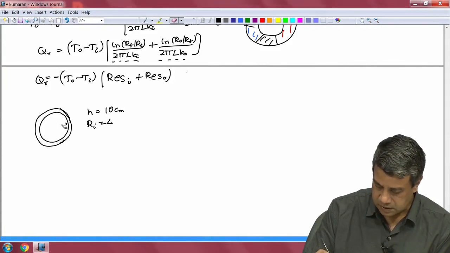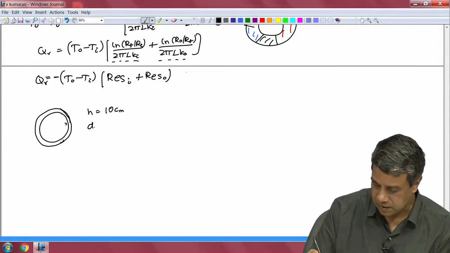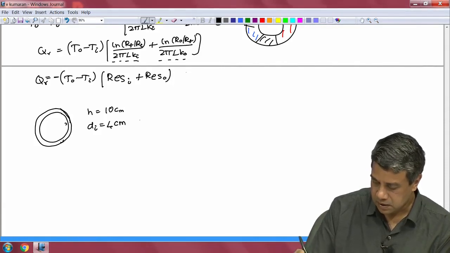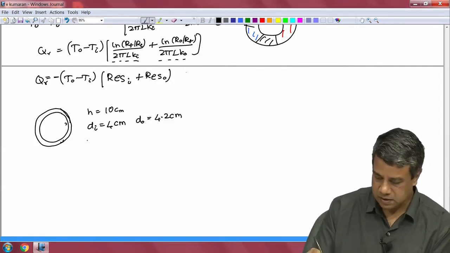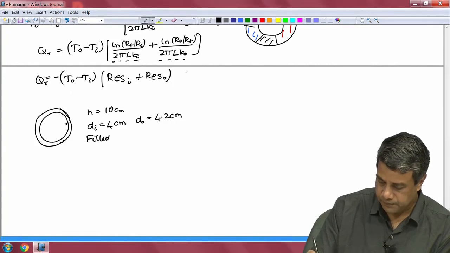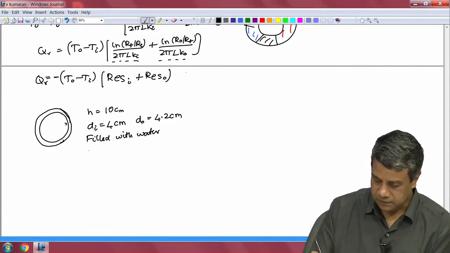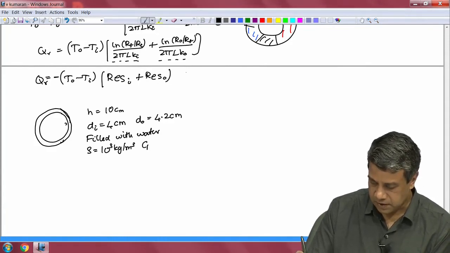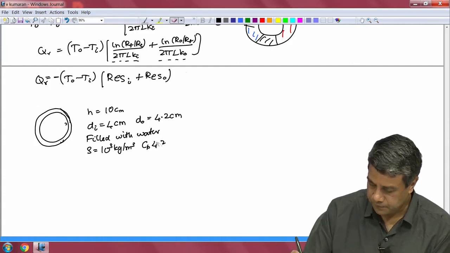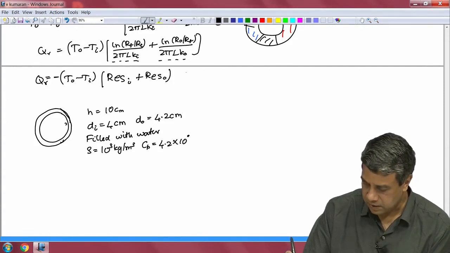This is not the radius, it does not make a difference to the calculation of course, but formally the inner diameter is equal to 4 centimeters, the outer diameter is equal to 4.2 centimeters, height is 10 centimeters, filled with water of density 10 power 3 kg per meter cubed, specific heat 4.2 into 10 power 3 joules per kg per degree centigrade.